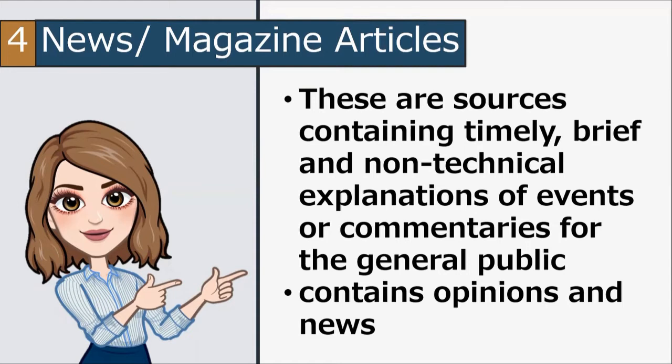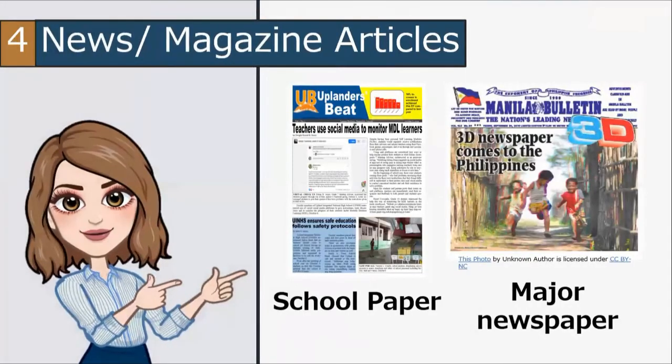Usually, if you are writing a research paper, we can get information from the opinion pages or the news articles contained inside the newspapers or magazines. Examples of news and magazine articles come from the school paper or a major newspaper.